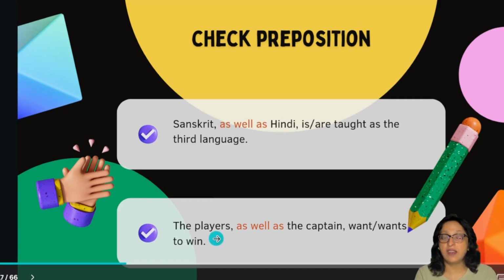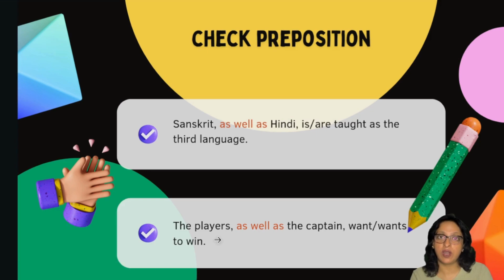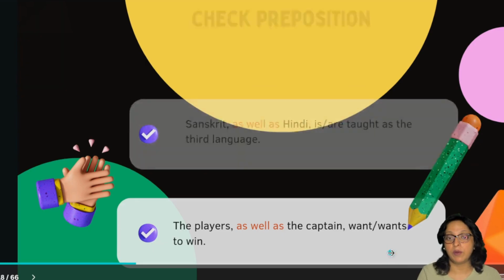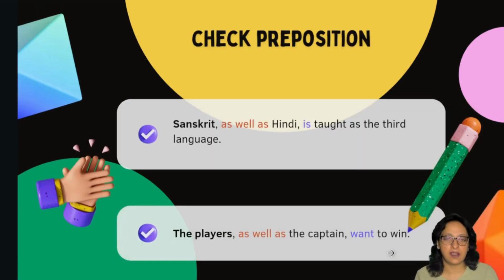And what kind of a noun is it? Is it a singular or a plural noun? It is a plural noun. It is a plural subject. Therefore, it is going to take the plural verb. So the correct sentences will become: Sanskrit as well as Hindi is taught as the third language. And in the second one, the players as well as the captain want to win.